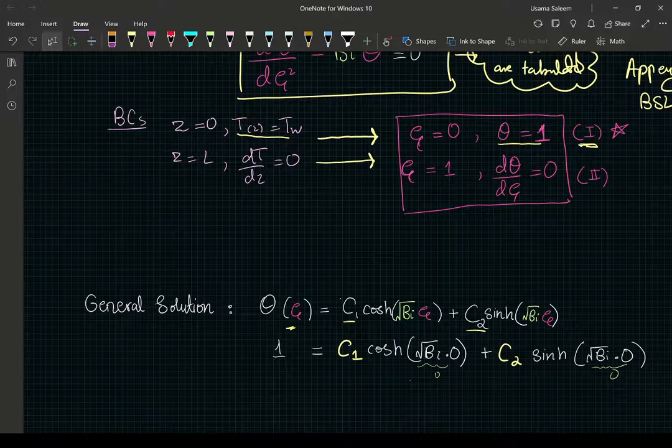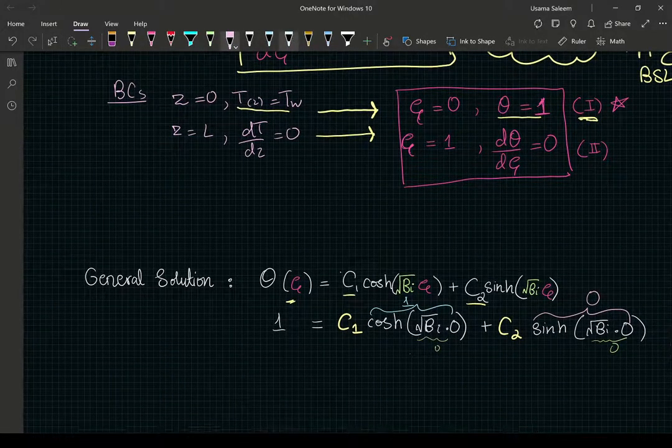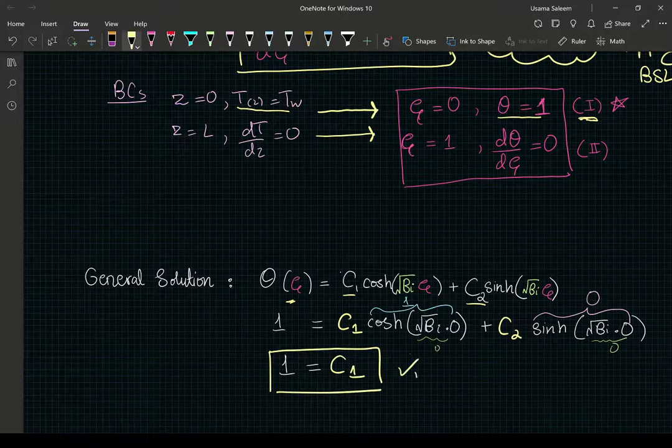If my high school mathematics memory is good, this entire term comes out to be 1, and this entire term goes to meet its maker. Bye bye. So 1 is equal to C1. Give yourself a pat. That's a good one.